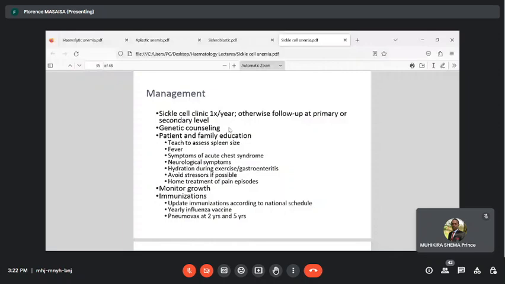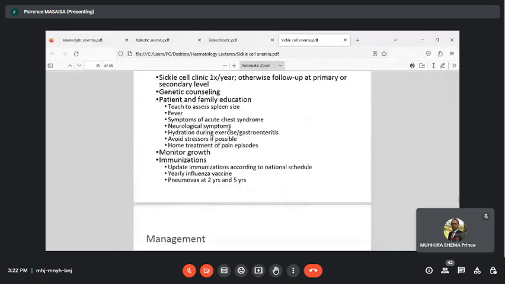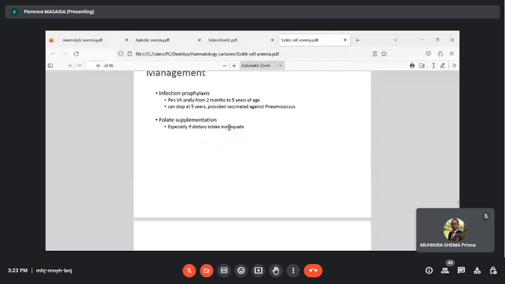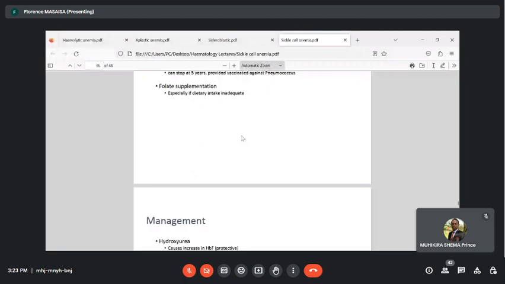Then immunization again: they have hypofunction of the spleen, so remember to discuss vaccination and infection prophylaxis. And as they have chronic hemolytic anemia, they should be put on folic acid supplementation.